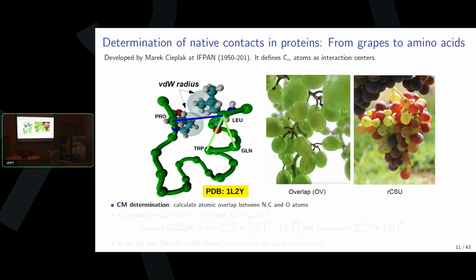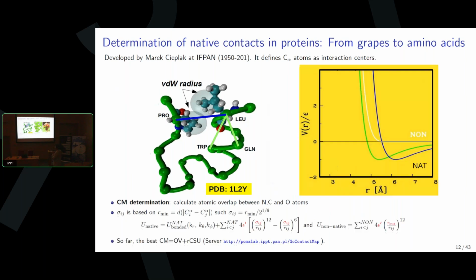Later came another method, the RCSU, which was also developed under his supervision. Basically, it introduced some chemistry into the determination of the native contacts. You can imagine that some contacts can be very close to each other, like the blue one. Then you have another contact which, depending on its position on the backbone of the protein, will be shorter in distance, right?